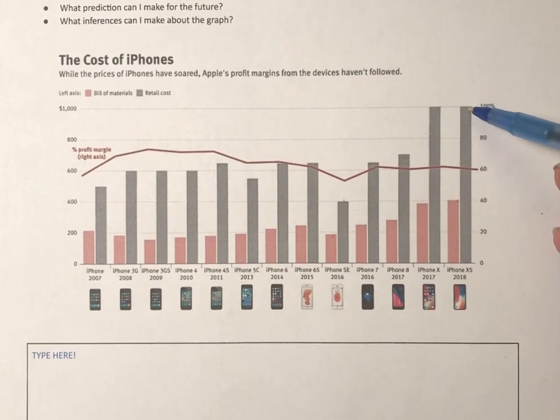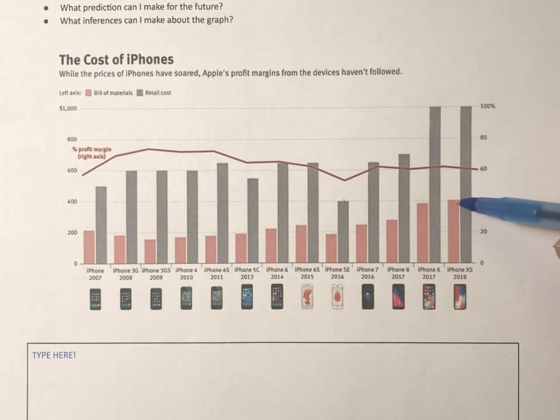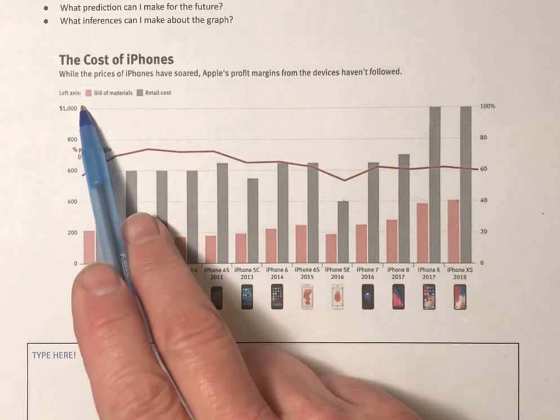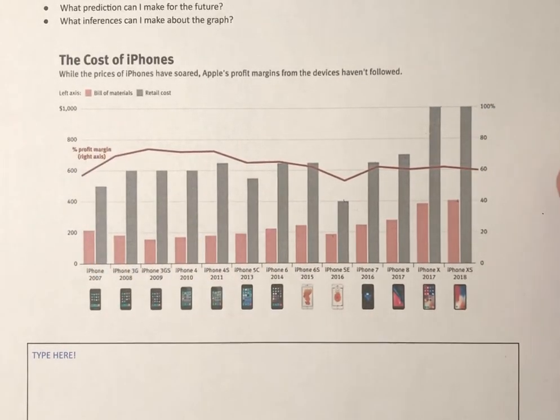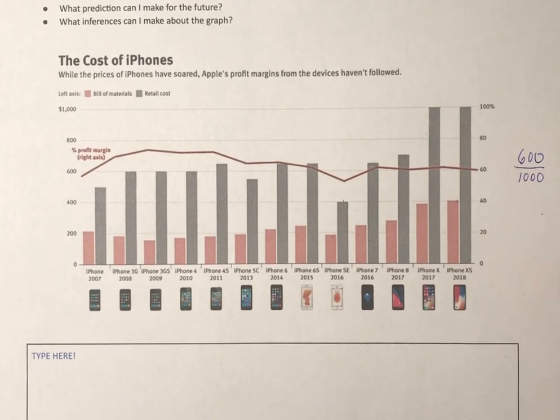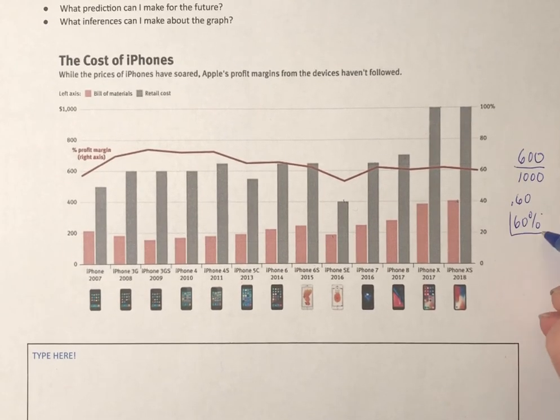So from the $1,000 retail cost to the cost of materials, that is a difference of $600. Now, if you take the $600 difference and divide it by 1,000, you will get 0.60, which would be 60%.